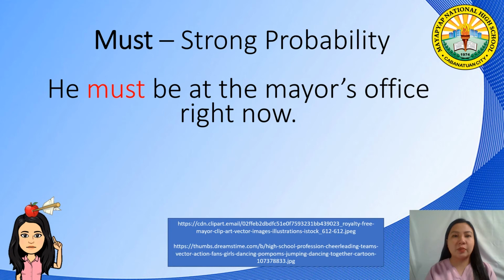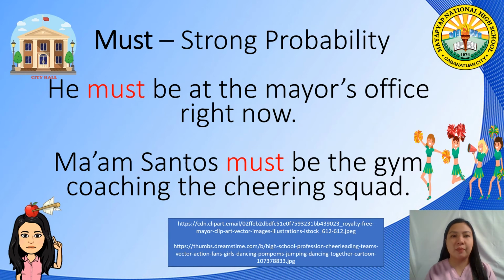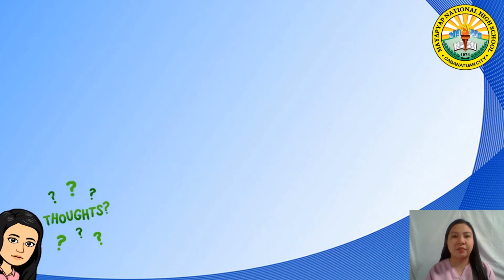The speaker expresses his strong probability or guess that the man is at the mayor's office. Another one, Ma'am Santos must be at the gym coaching the cheering squad. The speaker is sure of his or her guess that Mrs. Santos is at the gym.